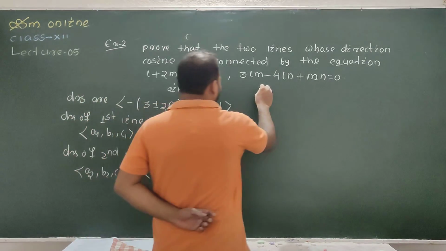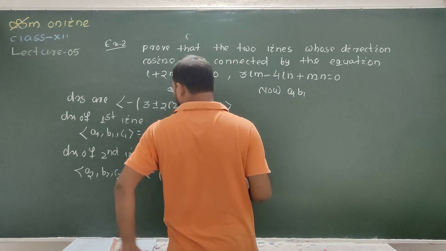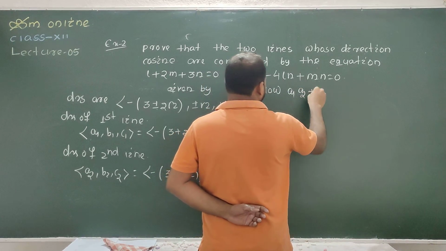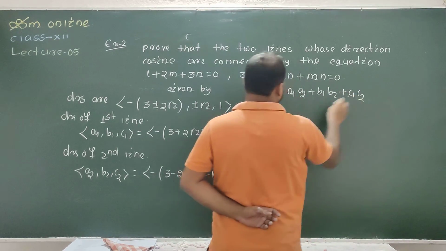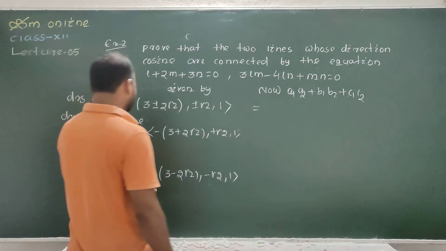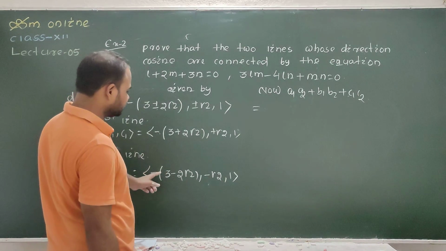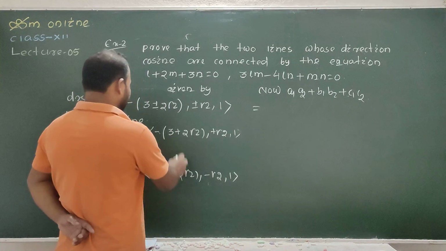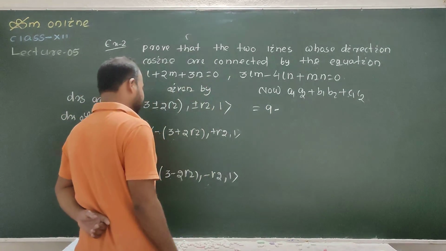So now A1 A2 plus B1 B2 plus C1 C2. Here A1 A2 is minus, minus, plus, and this is A plus B into A minus B, so this is A squared minus B squared.